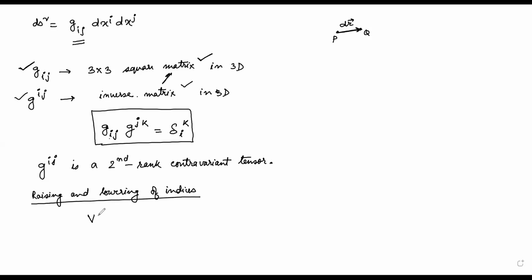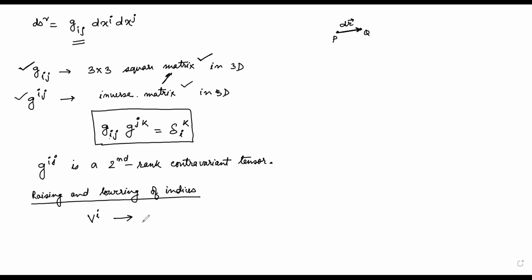So if V^i is a contravariant vector, okay, I repeat, if V^i is a contravariant vector, then we can create a covariant vector by multiplying this V^i with the metric tensor and then contracting over one index. So how can we create a covariant vector?